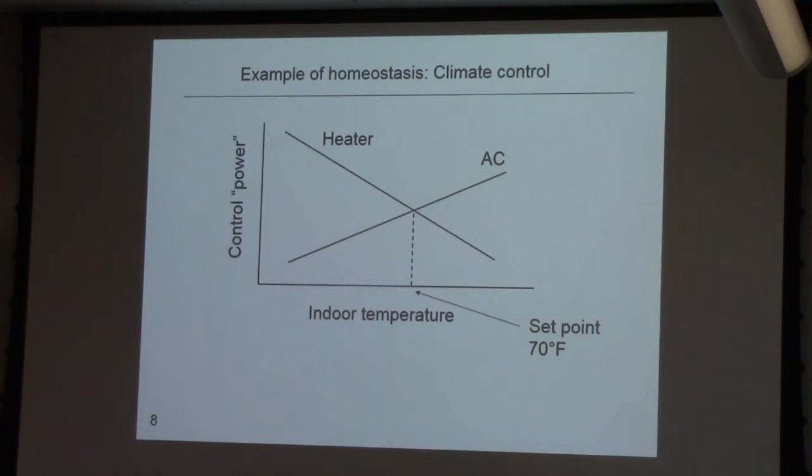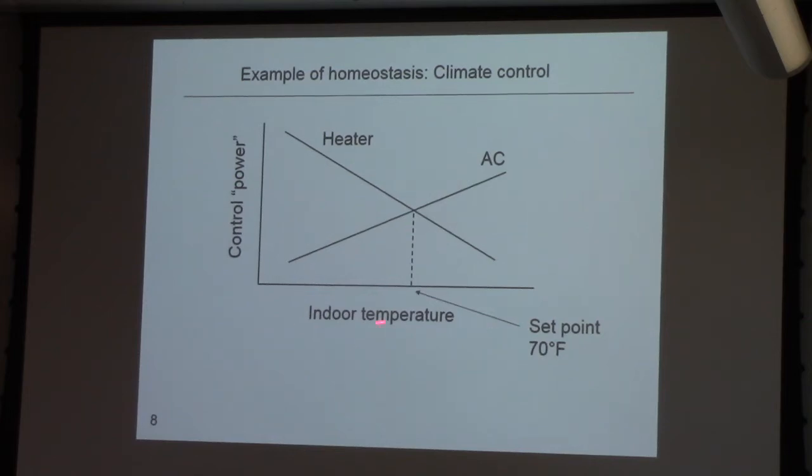A good thermostat will control the power in a narrow range to the heater and to the air conditioner, keeping the temperature around the set point. It might oscillate above and below the set point depending on the quality of the heater, the air conditioner and the thermostat. Okay, so is that clear?